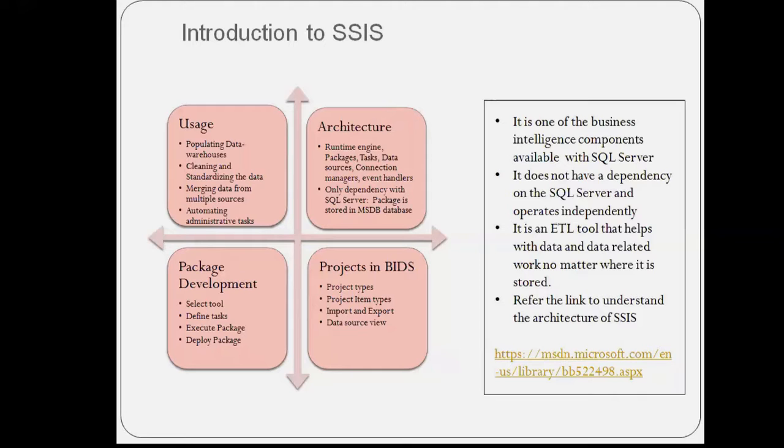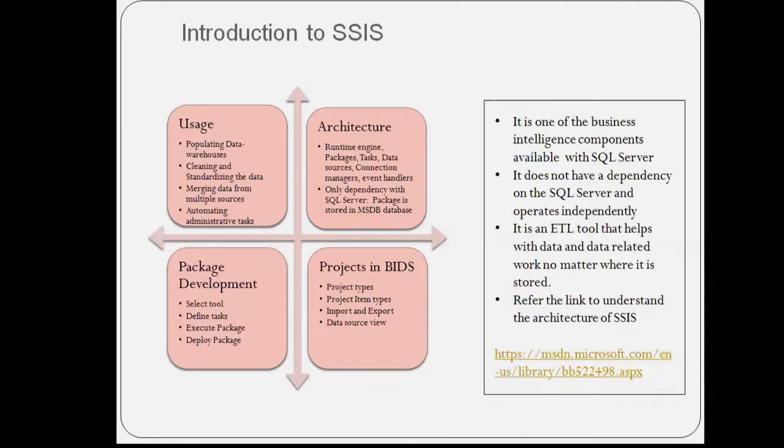So earlier, what used to happen? We had people who were monitoring some of these activities manually, like taking a backup and seeing if it completed, and post that triggering some jobs. Now you don't have to do all these things manually, because you don't want a resource waiting throughout the night monitoring all this.